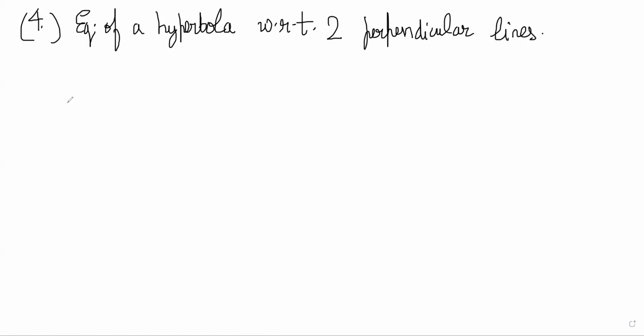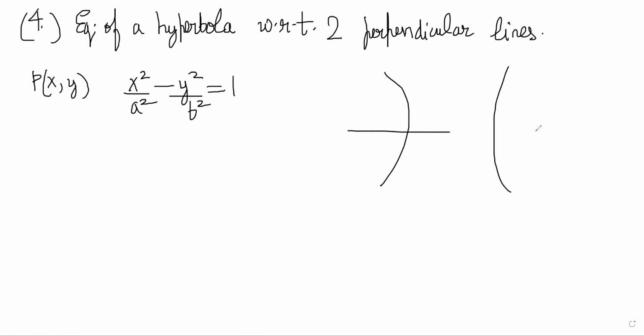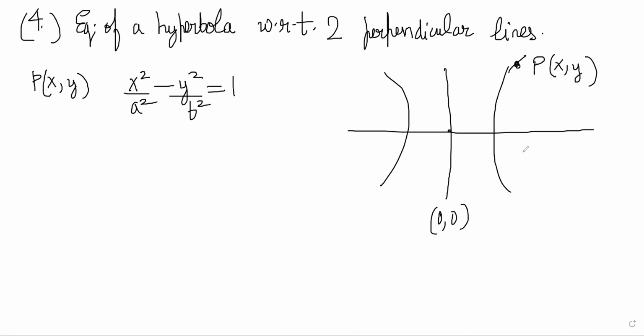So if you think of a regular hyperbola, and P(x, y) is a point on the hyperbola, x square by a square minus y square by b square is equal to 1. Think of the curve here. This is my origin, and think of this point P(x, y) on it, right?